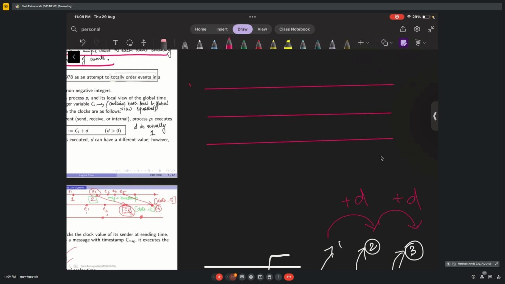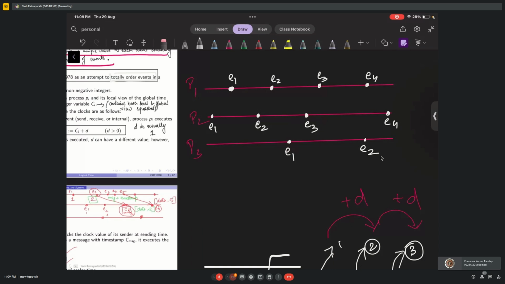So these processes are P1, P2, and P3. Okay, and how is this working now? That I have some events. I'll draw some events to make you understand. Again, E1, E2, E3, E4, and maybe E1 and E2. Okay, chalo. But yeah, so now I am drawing some relations for understanding.